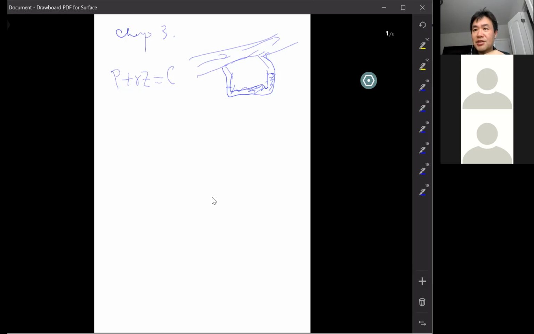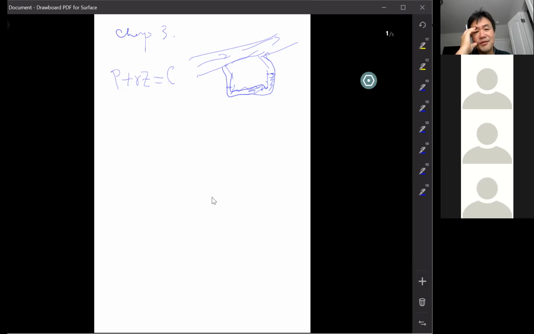It's kind of like a conservation law. So what's conserved? Pressure? No, pressure is not conserved. Pressure is different. Everywhere inside your tank of fluid, pressure is not conserved.